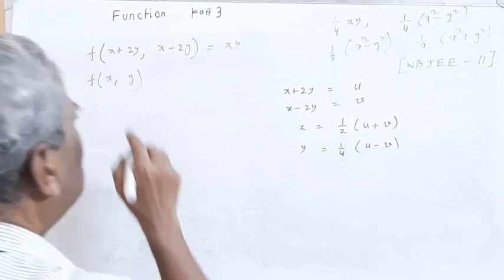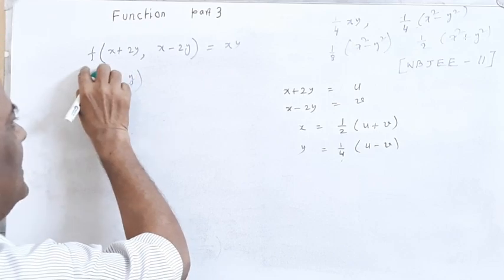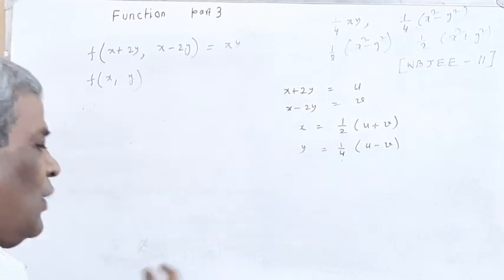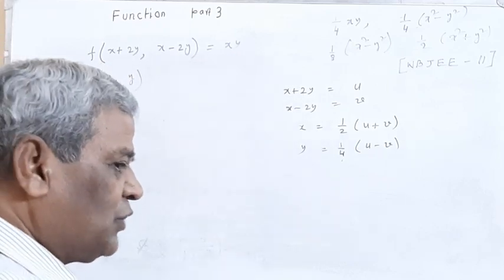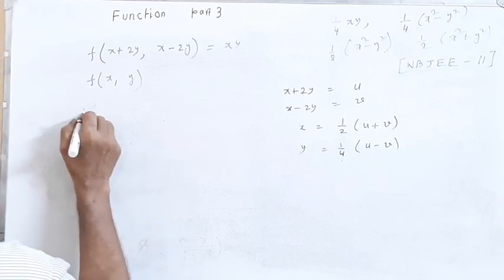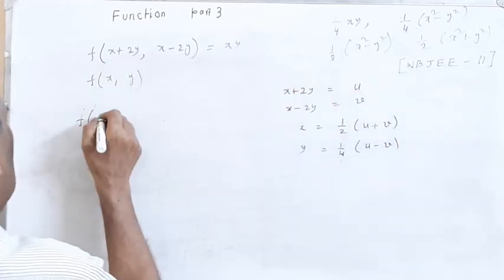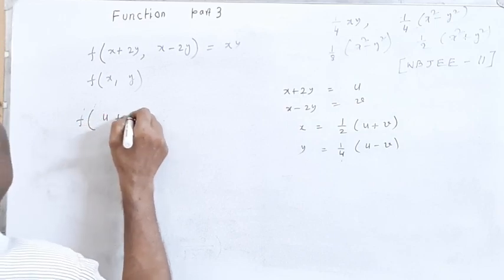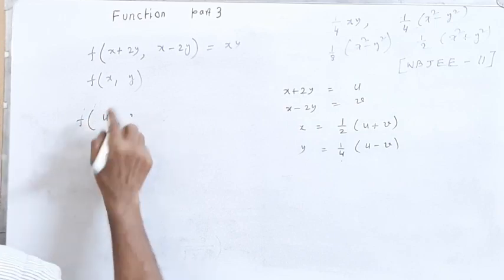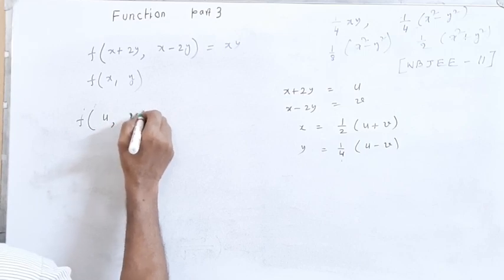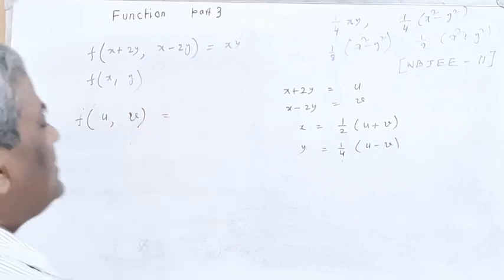Now we get the function f of u comma v is equal to x into y.